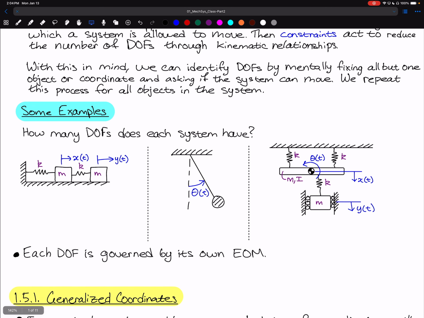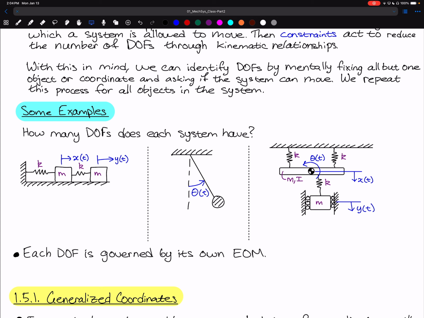I have a couple examples here, and we're going to start by each of you taking a minute to look at these examples and ask, what happens if I hold this first mass still, can anything else in the system move? Do that for each of these systems.